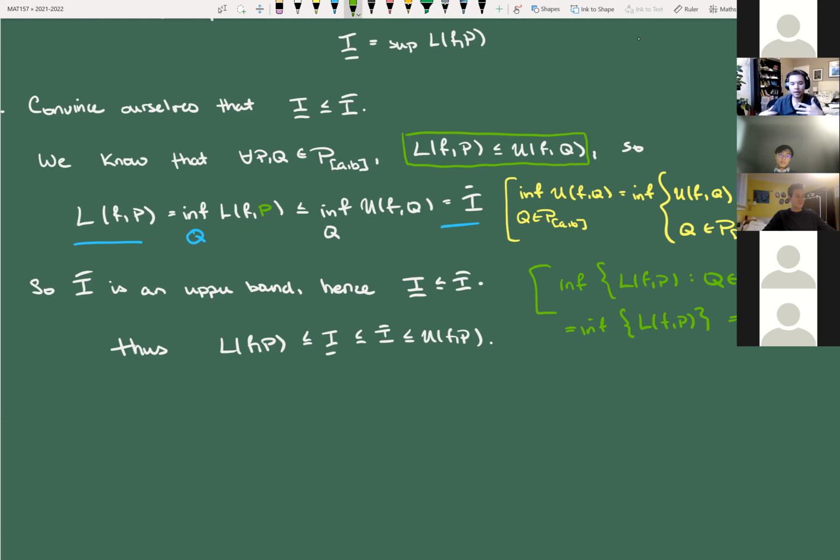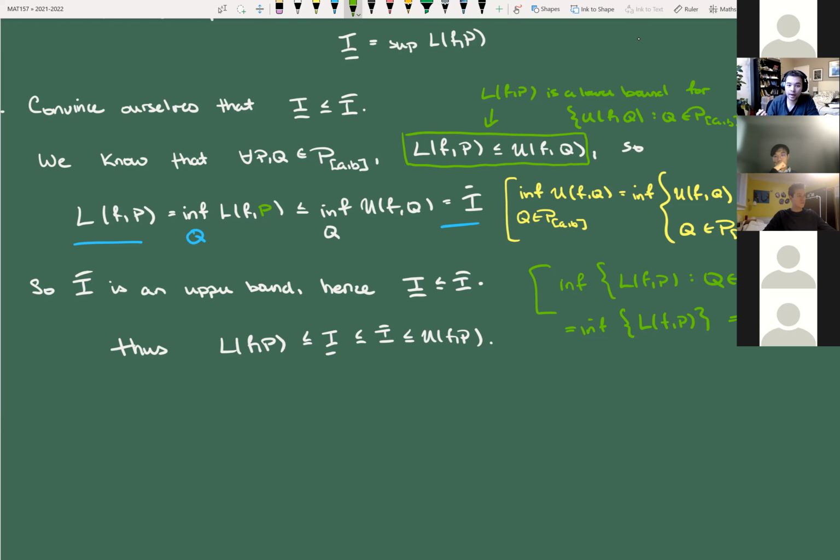So again, maybe if you don't like the kind of calculus of this, where I've taken an infimum over a partition that's not even part of the expression LFP, just think about it as saying here, LFP is a lower bound for the set of UFQs.